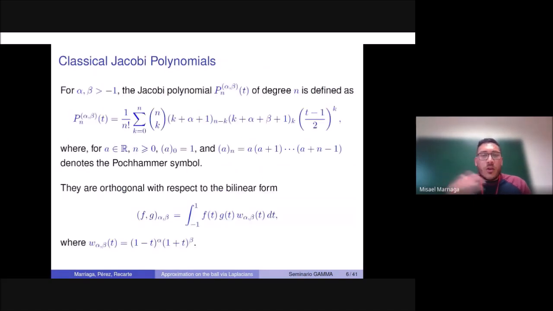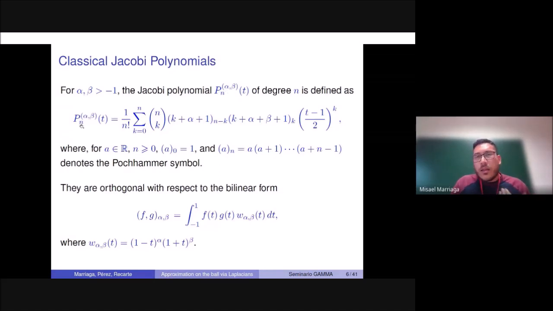Okay, so one example, the family of orthogonal polynomials that I'm going to use throughout this work, is the Jacobi polynomials. And everybody knows that it is a family of polynomials that depends on two parameters, alpha and beta.